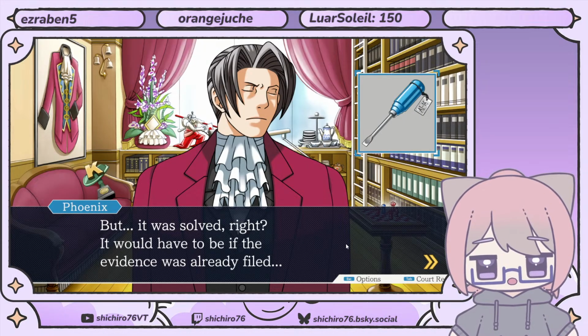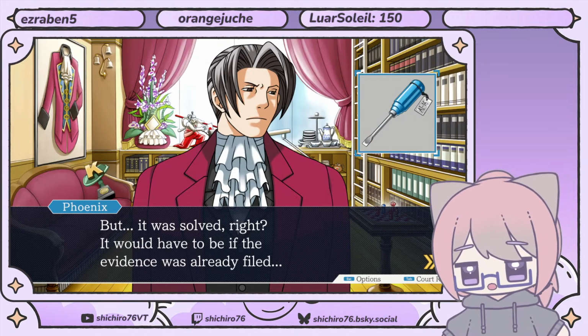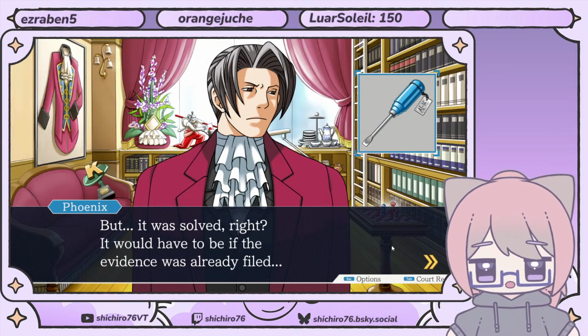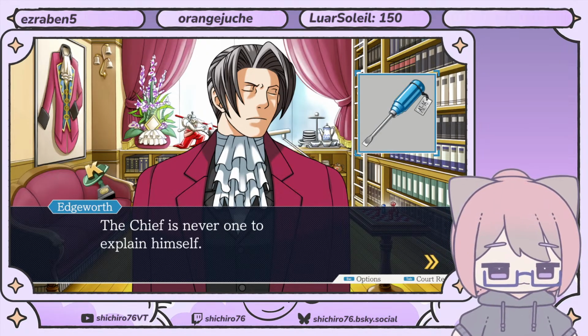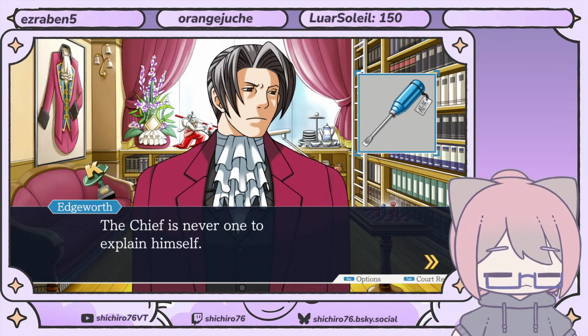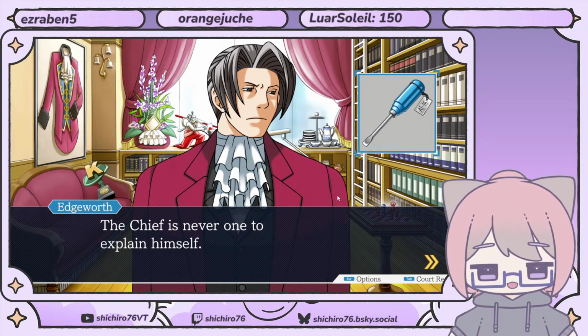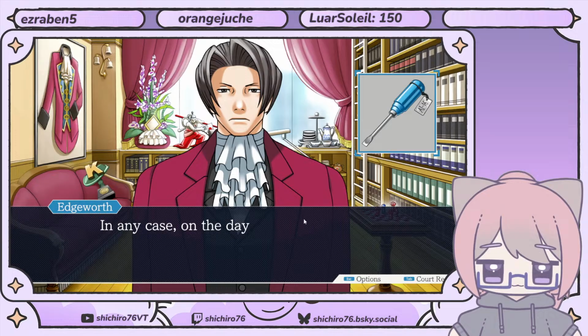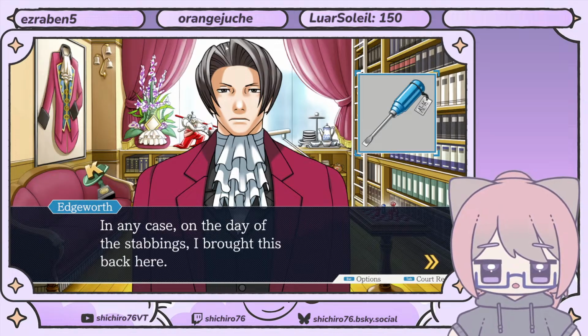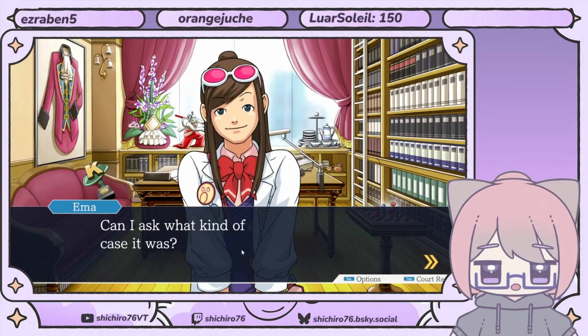But it was solved, right? It would have to be if the evidence was already filed. The chief is never one to explain himself, and we shouldn't accept that. In any case, on the day of the stabbings, I brought this back here. And I asked what kind of case it was?